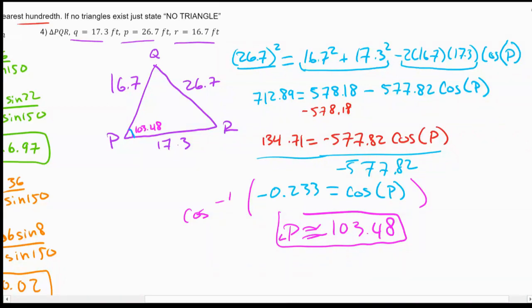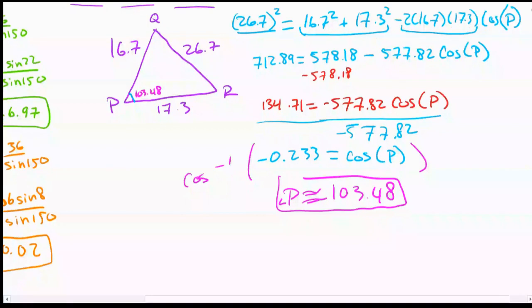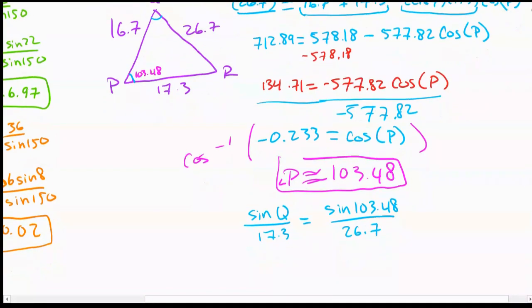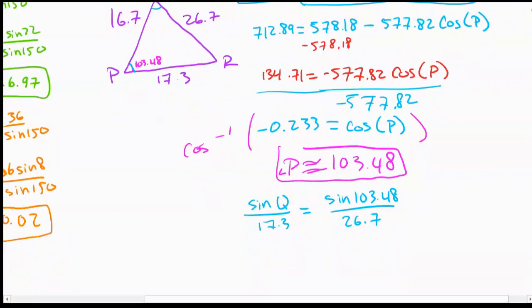Okay, so from here, now I'm going to use the law of sines to help me out and solve my other angle. Again, I like to go from biggest to smallest. So now I'm going to solve for angle Q. So sine of angle Q over 17.3 is equal to sine of 103.48 over 26.7. I just used angle P and side P. So now I multiply both sides by 17.3.